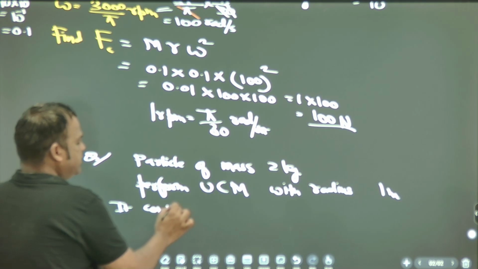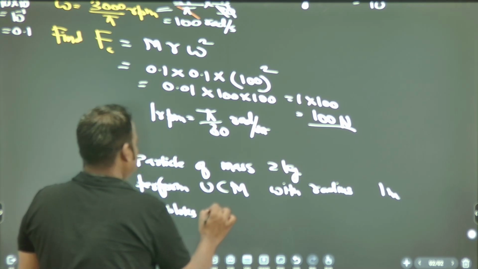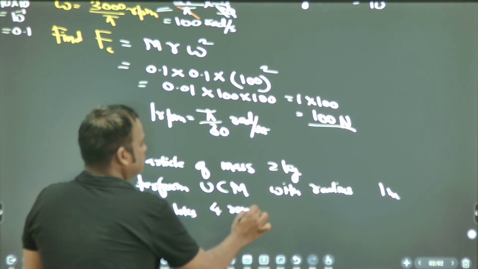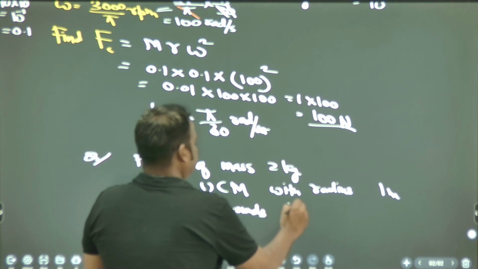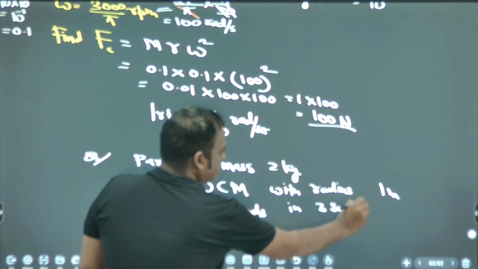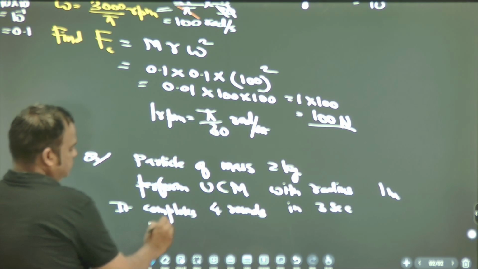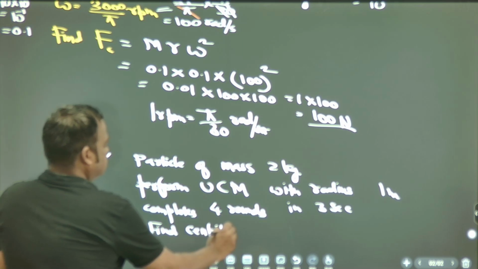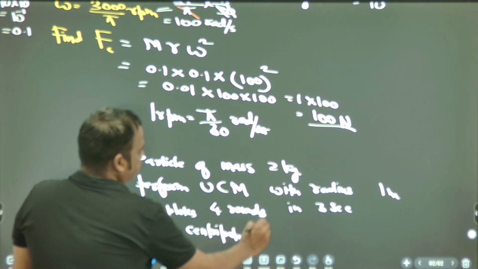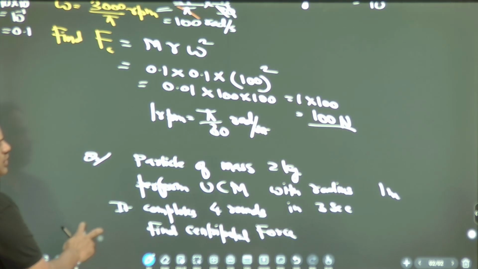It completes 4 rounds in 3 seconds. Find the centripetal force. Okay, now calculate this.